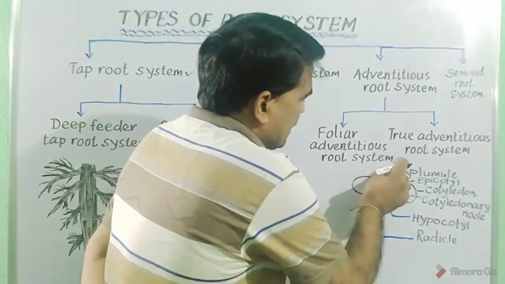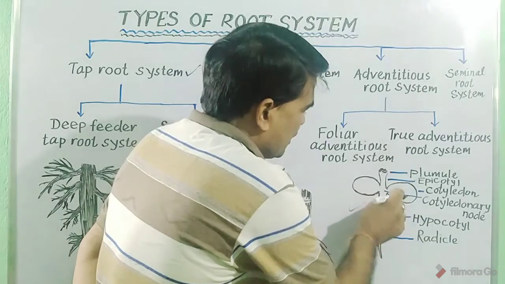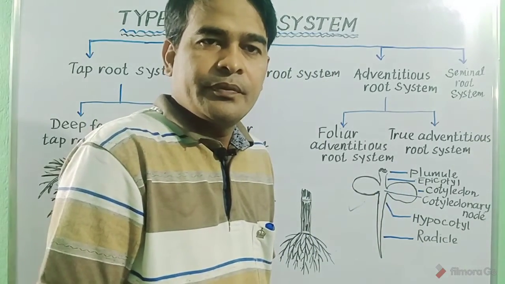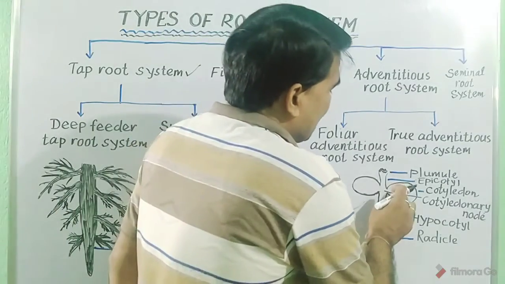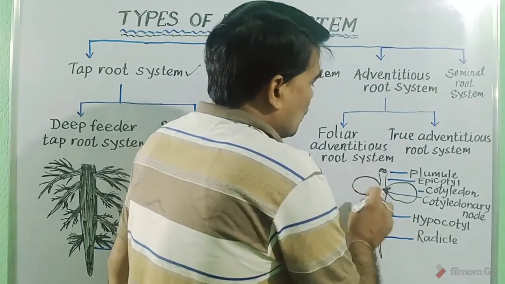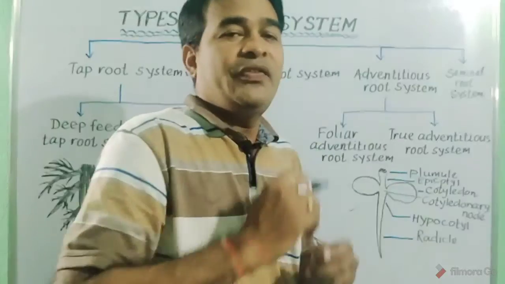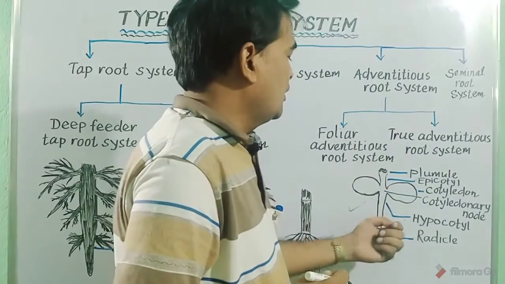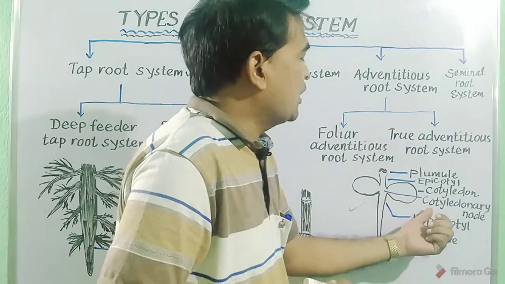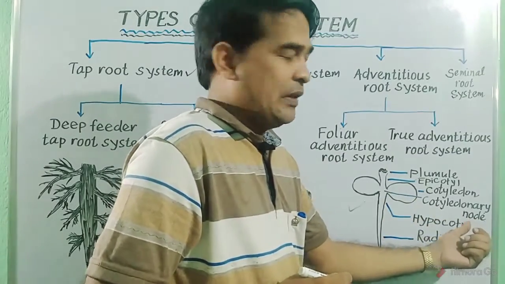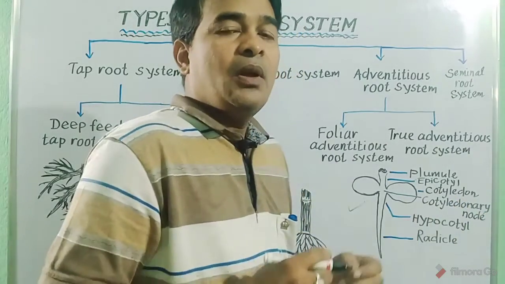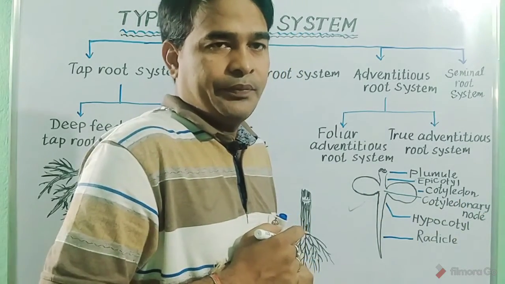In this diagram, this is the tigellum or embryo axis on which two flat structures called cotyledons or first leaves are attached at the point called cotyledonary node, and this cotyledonary node is the first node of the plant.